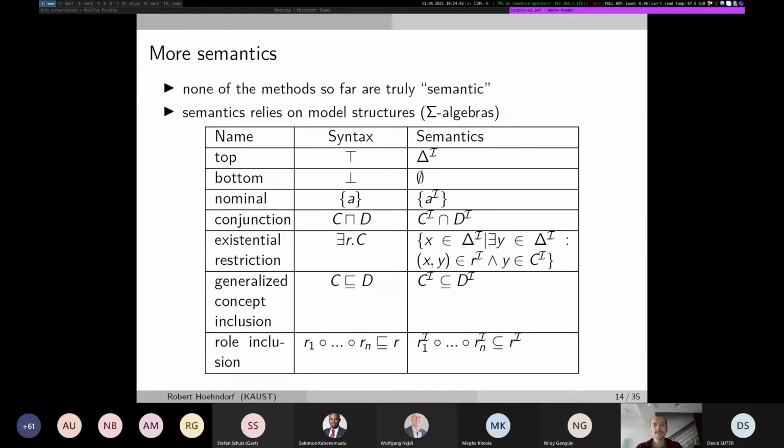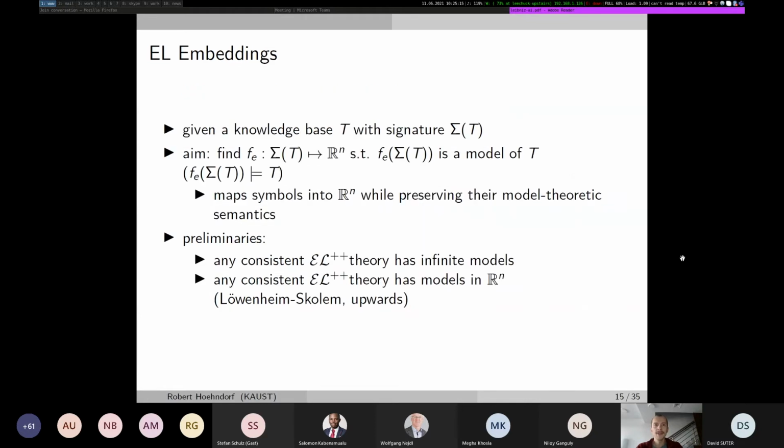And you can see that there is a syntax and then there is a semantics, which is an interpretation within a sigma algebra, similar to first-order logic. And the question that we had is whether there's a way to preserve this relation between syntax and semantics as part of these models.